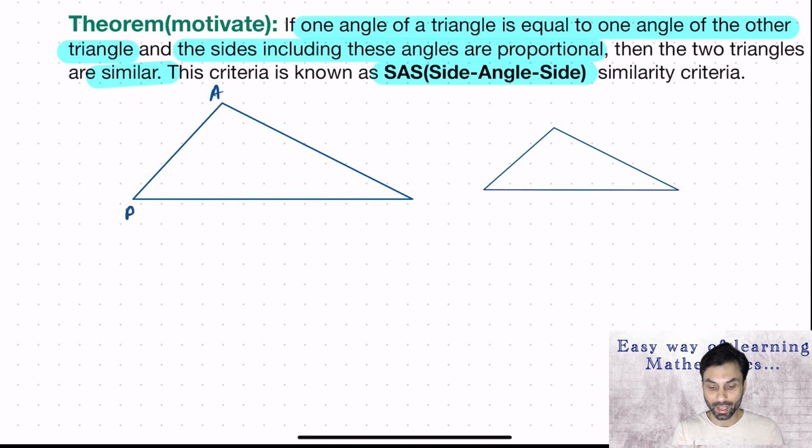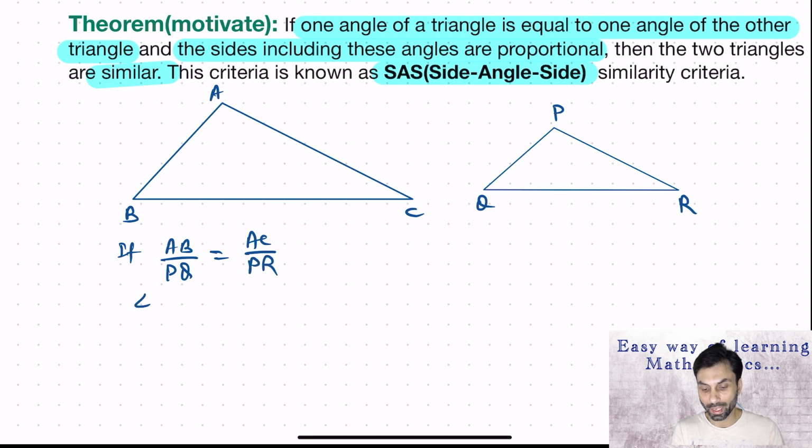What it means is that if ABC and PQR are two triangles such that, suppose, AB upon PQ equals AC upon PR and included angle A equals included angle P, then we can say that triangle ABC is similar to triangle PQR.